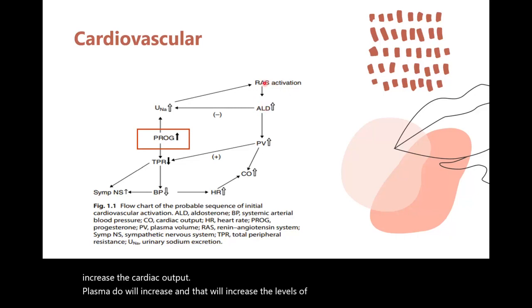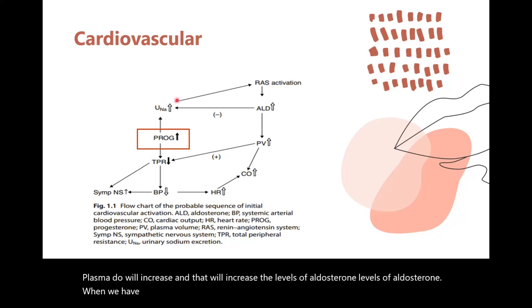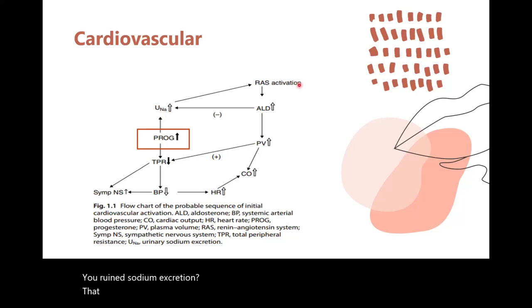When we also have an increase of progesterone, we're going to have an increase of urine sodium excretion that will activate the renin-angiotensin system, and that will increase the aldosterone levels. Aldosterone levels should lower the urine sodium excretion.